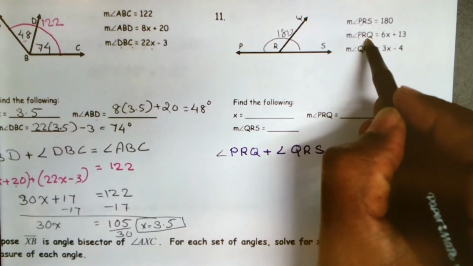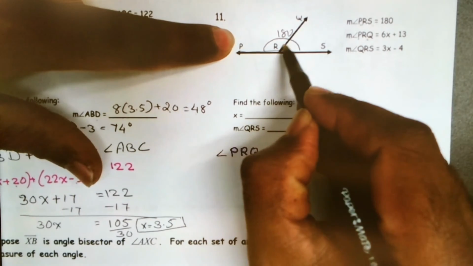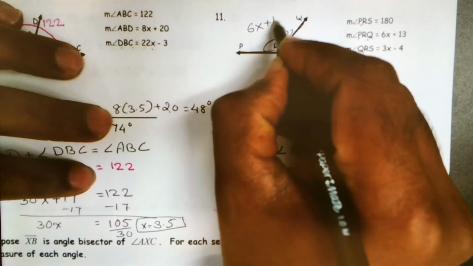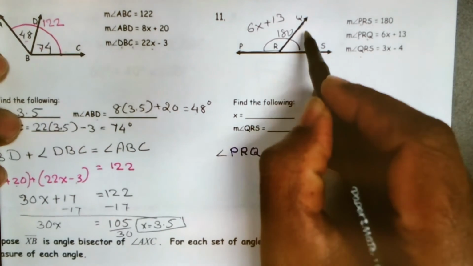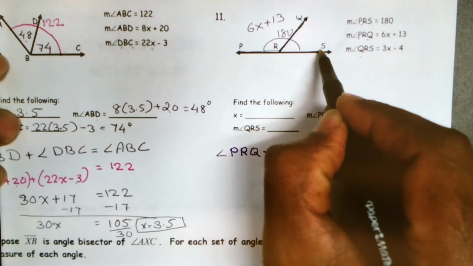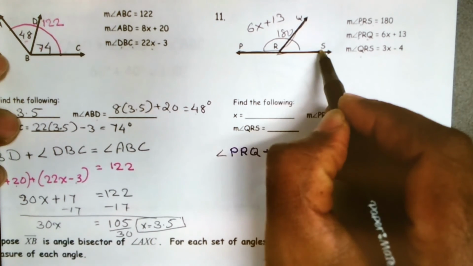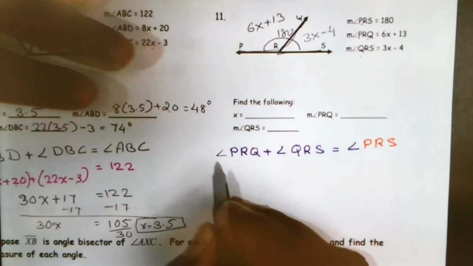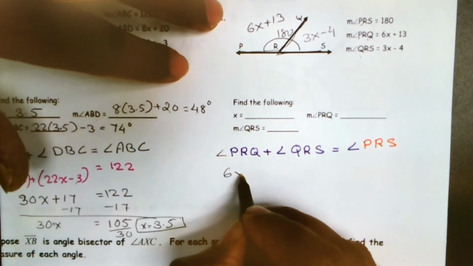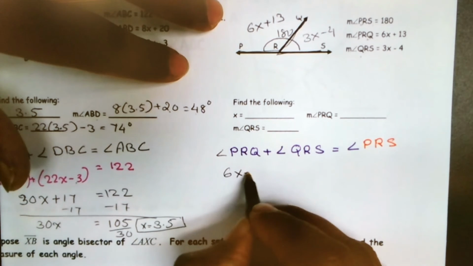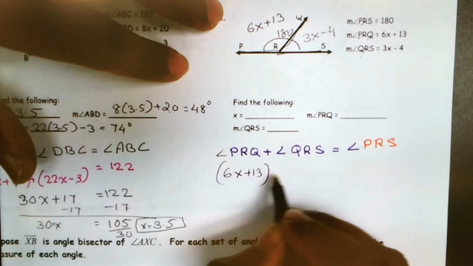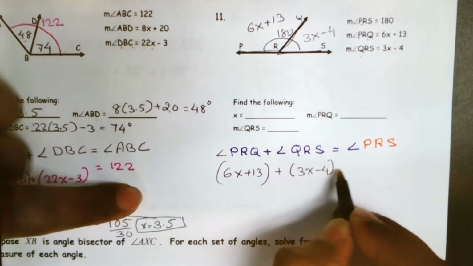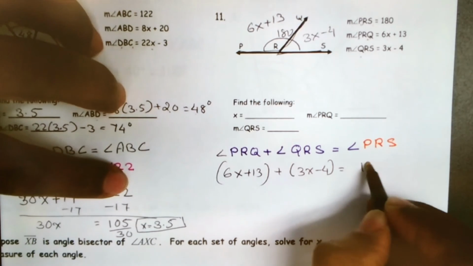So the first angle, PRQ, is 6x plus 13, and the second angle, QRS, is 3x minus 4. So if I add both angles, PRQ 6x plus 13 plus the second small angle 3x minus 4, they add up to the big angle 180.